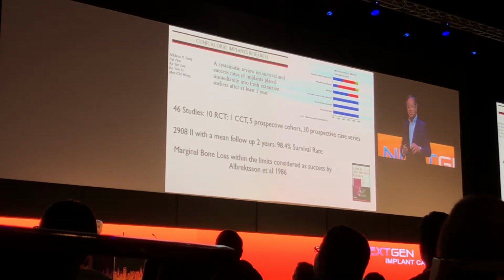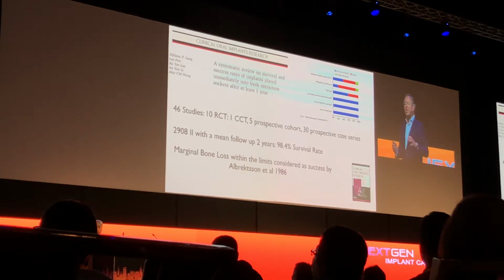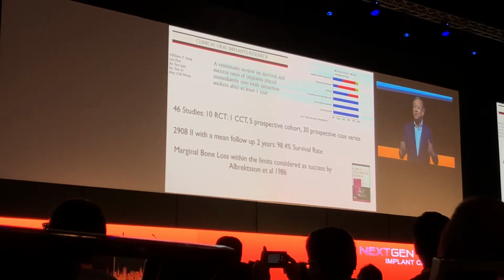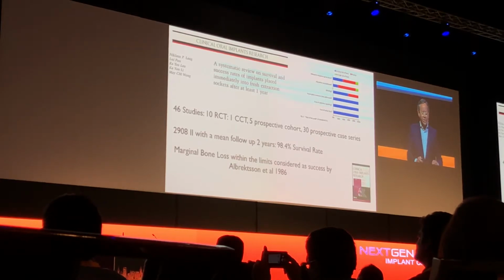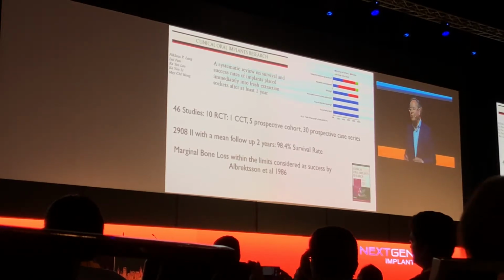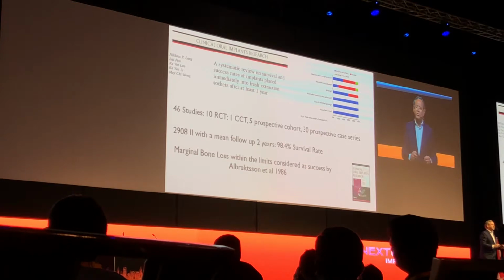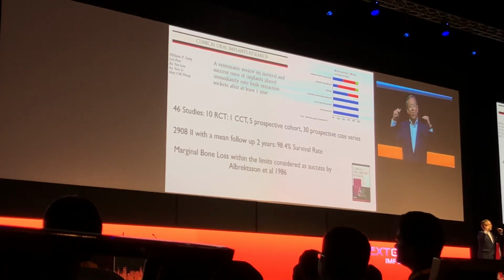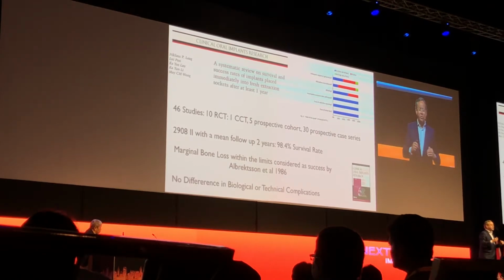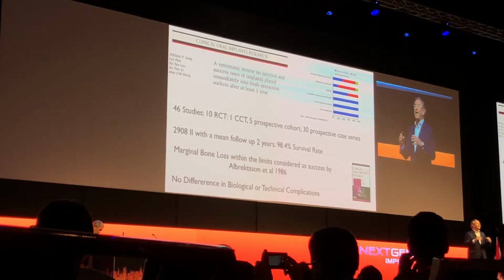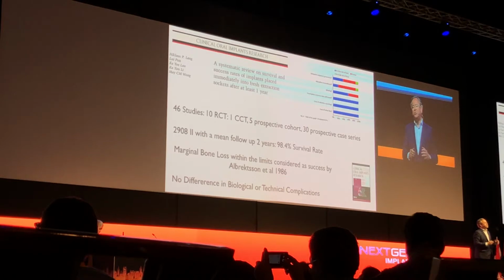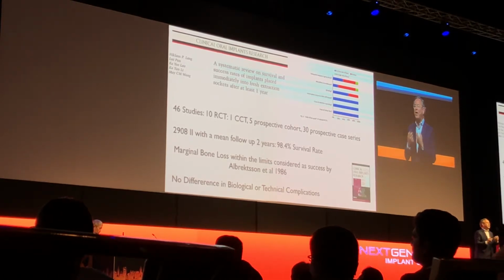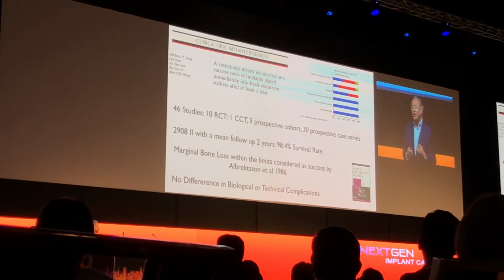And what we saw when comparing immediate implants versus delayed implants is that yes, it works. It works in terms of survival rate, it works in terms of maintaining the interdental bone levels, it works in terms of maintaining the health of the peri-implant tissues. There are no differences. The only problem is that we don't have a good way to evaluate the buccal bone clinically.